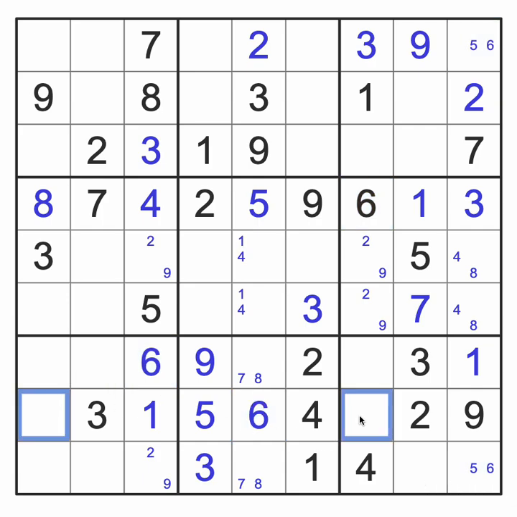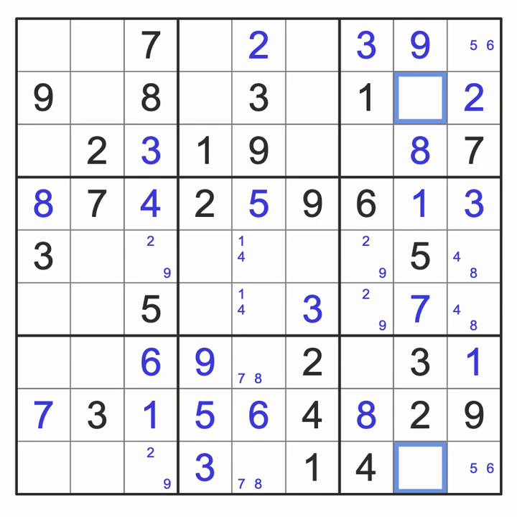And now these 7 and 8. 8 in box 4 blocks this cell, gives me 7 and gives me 8. And now this 8 blocks this cell. 8 in box 1 blocks this cell. That gives me 8 here.